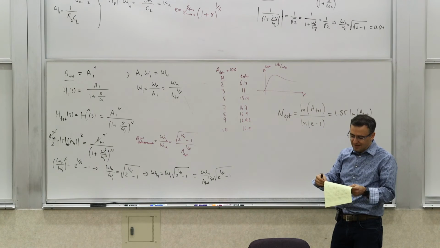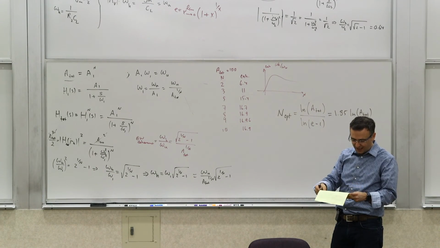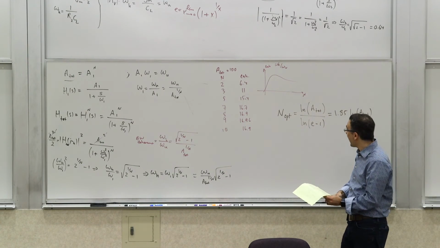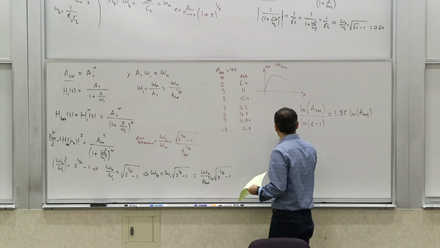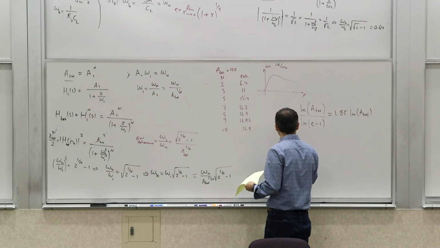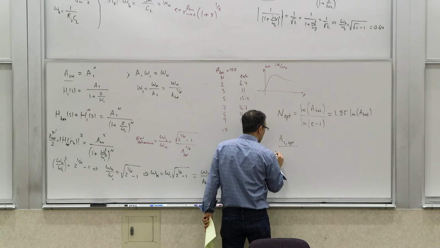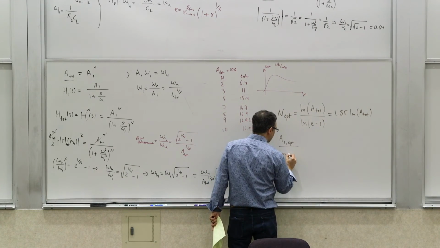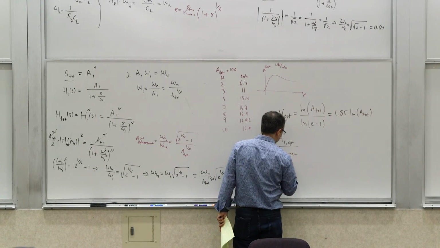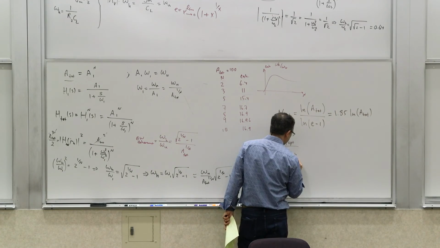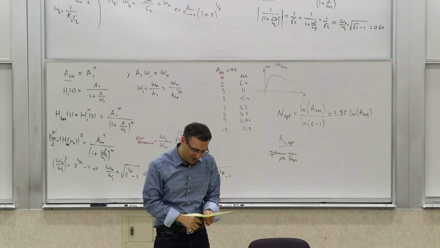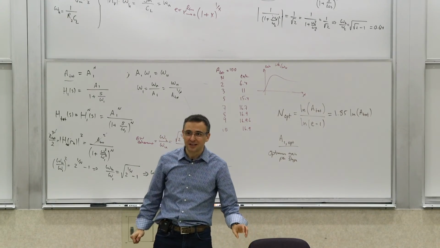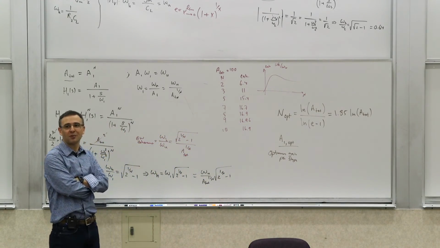And the gain at that optimum is even more interesting. The stage gain, A1 optimum. So this is the optimum gain per stage. What do you think it is at that point? What is that optimum gain per stage when you hit that optimum number of stages?